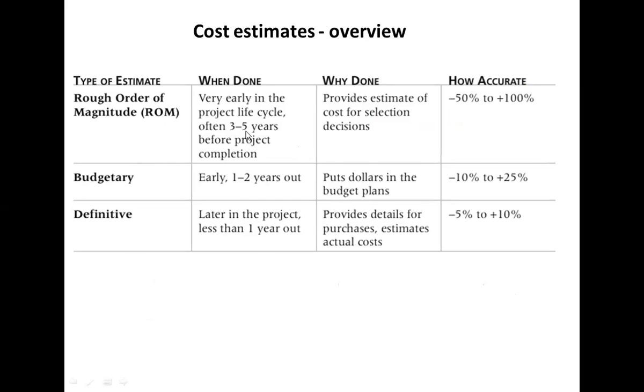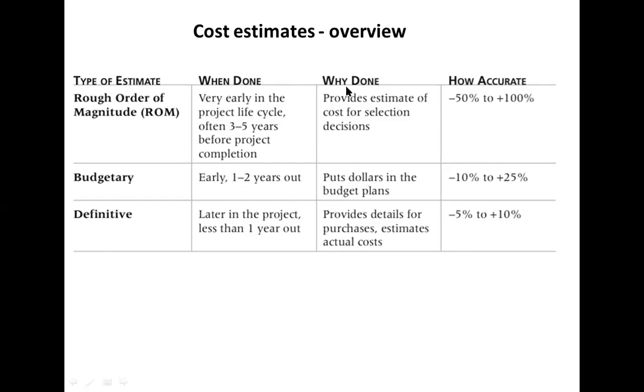We do the ROM normally 3 to 5 years before the project completion, and budgetary we do 1 or 2 years before the project completion, and we do definitive estimates later in the project, normally less than 1 year out. Okay. And you can see the accuracies, we discussed this. And the most accurate one is the definitive estimate.